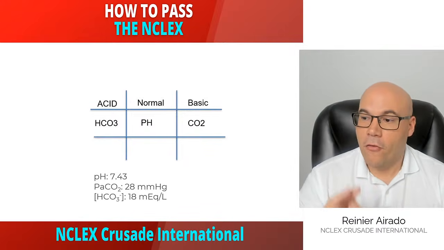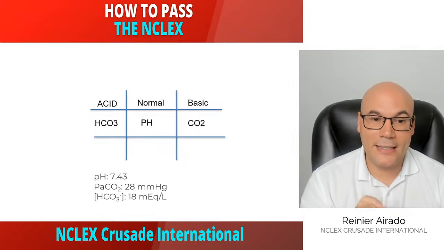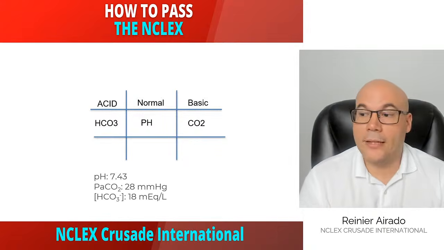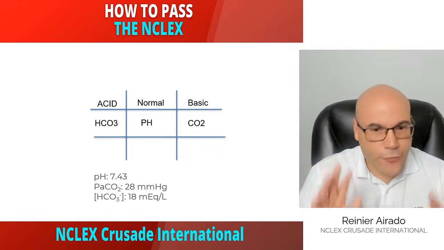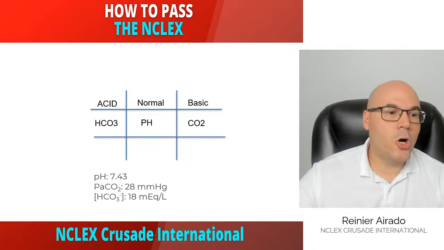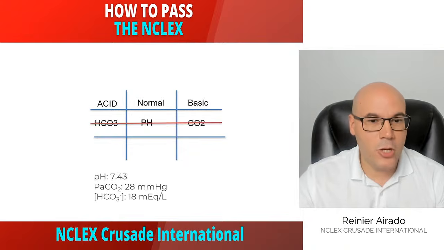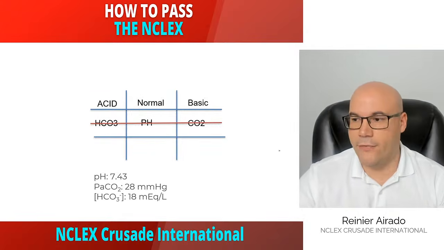So we have fully compensated, but we still have to identify what is the basic problem. What brought the problem? What is the beginning of this? Because yes, it is fully compensated, but I need something else. I'm going to show you a trick that you can use to identify it, okay? That's why I say that you have to do an extra step to identify this scenario.